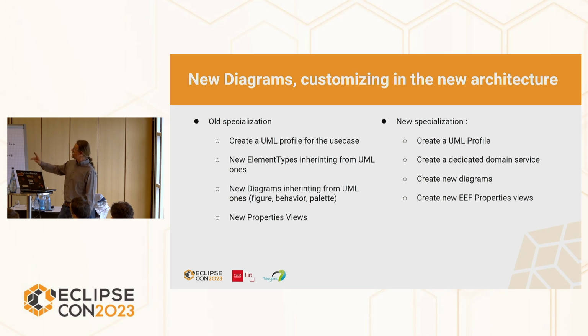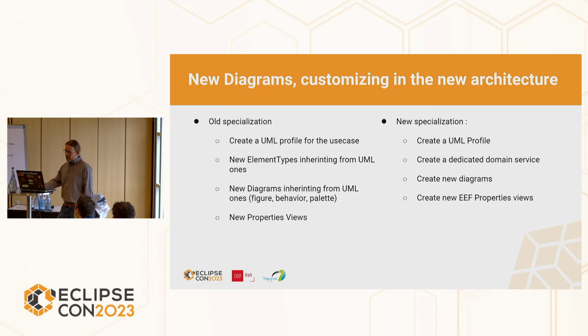This step is the same with the new version of Papyrus. Then we create element types inherited from UML ones to imply new behaviors for UML elements and adapt them to the user use case. Now we will create a new domain service for CRUD.